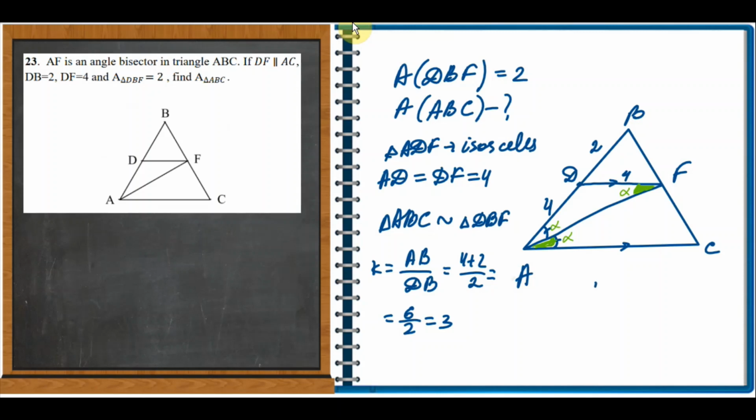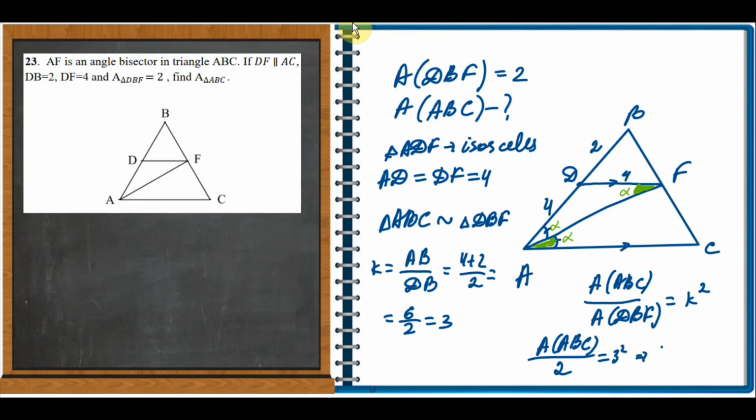Also, we can say that the area of ABC over the area of DBF is equal to the square of the scale factor. Therefore, we can write area of ABC over area of DBF, which is 2, and the scale factor squared is 3 squared.